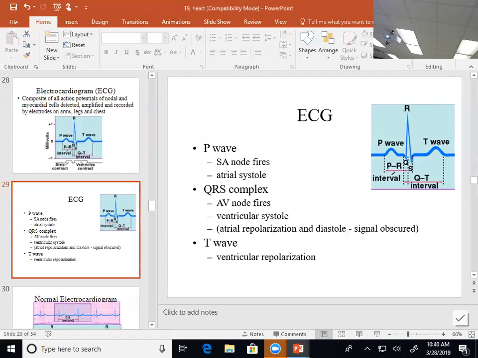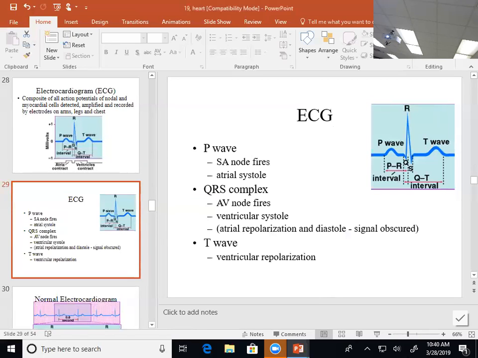And what do you know is going to be initiated from that? Contraction of the atria. The atria are contracting here. Then you're going to see something that looks like this. It's called a QRS complex. And what do we know? That the SA node fired and it sent a signal to the AV node, right? You're going to see this on the QRS complex.